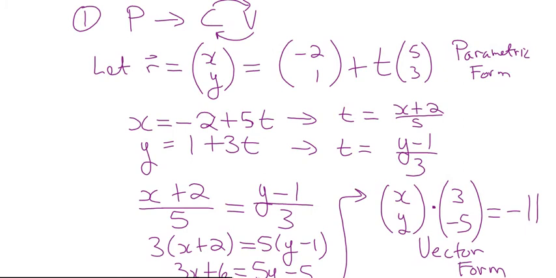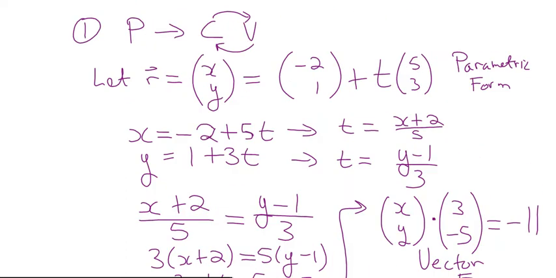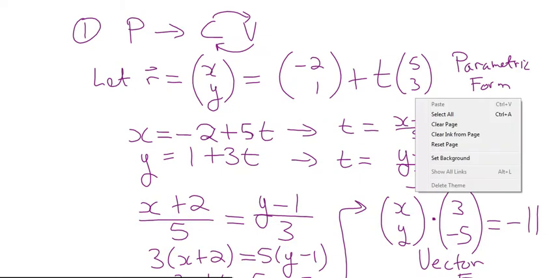What's the slope of this line? 3 over 5. What's the slope of this line? 3 over -5.